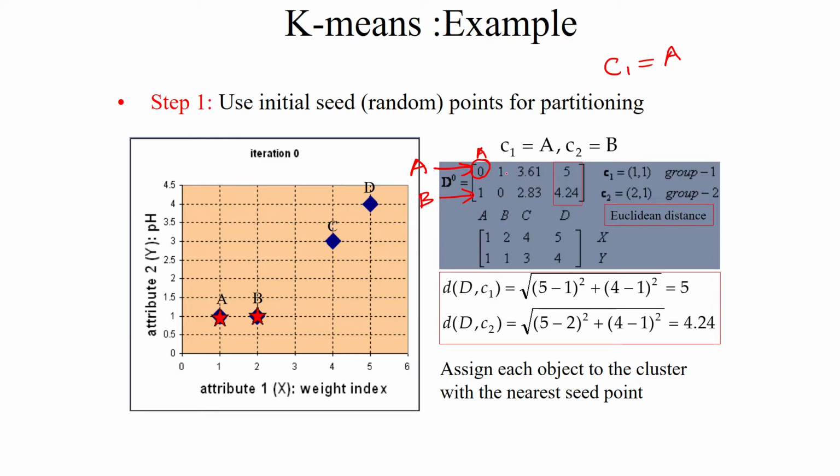Next, among this pair, 0 is the lowest, so B is assigned to cluster 2.